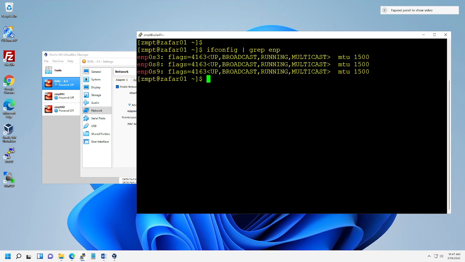All right, so on this system here, the one I'm connected to, this one has only 3: enp0s3, enp0s8, enp0s9. Okay, so it's showing 3 here. So let me switch to root.